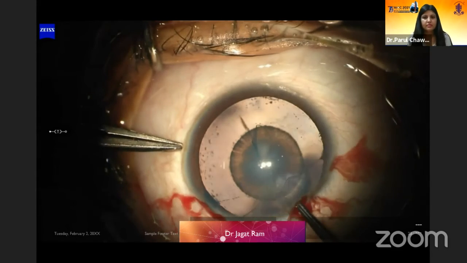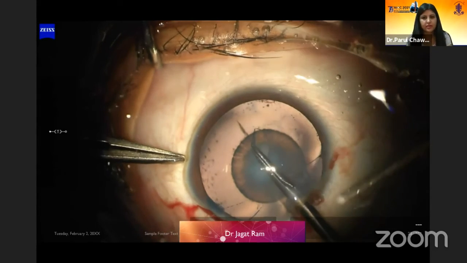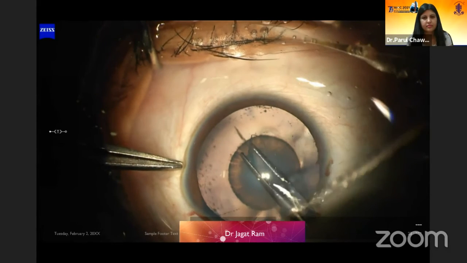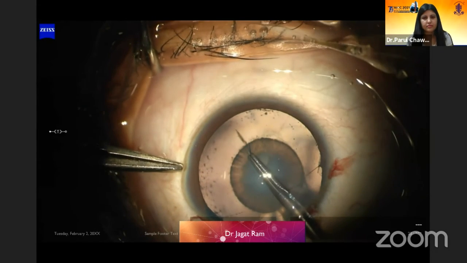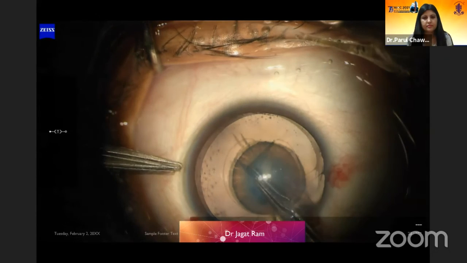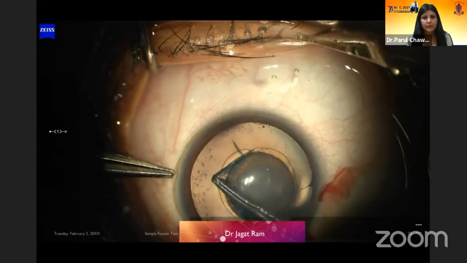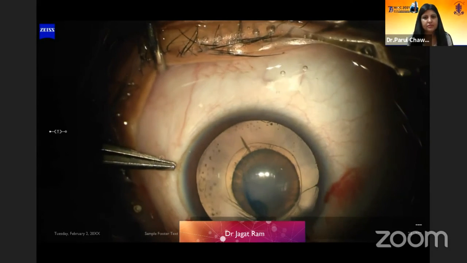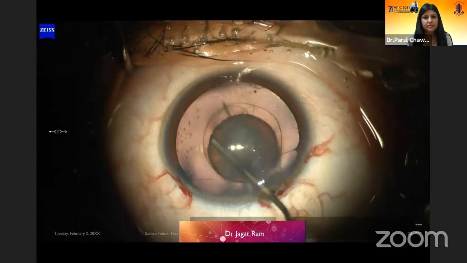Capsulotomy started with a cystotome and completed with a Utrata. You can note the perfectly central capsulotomy in this case.